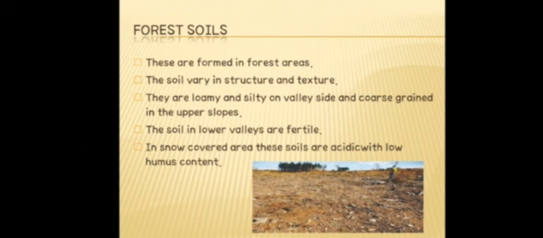These soils are found in hilly and mountainous areas where sufficient rain forests are present. These soils vary in structure and texture. In different areas there are different types of texture. For example, they are loamy and silty in the valley sides and coarse grained in the upper slopes.